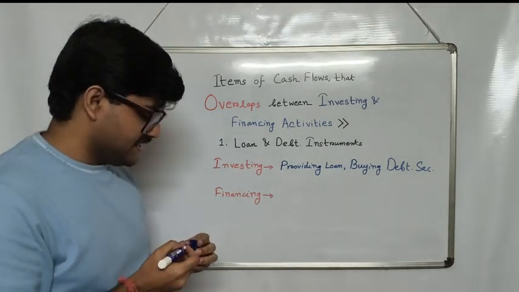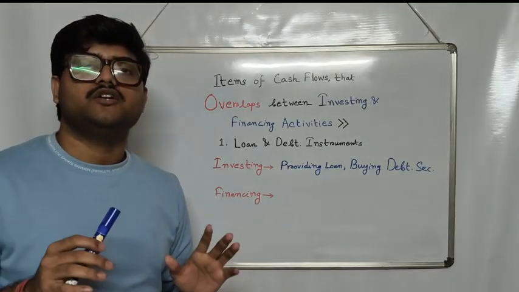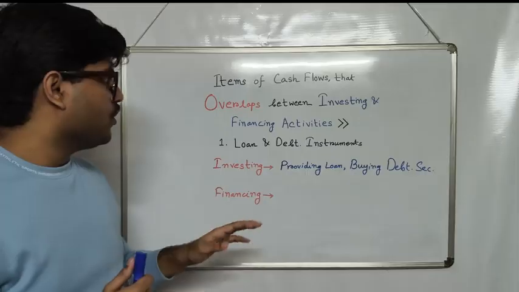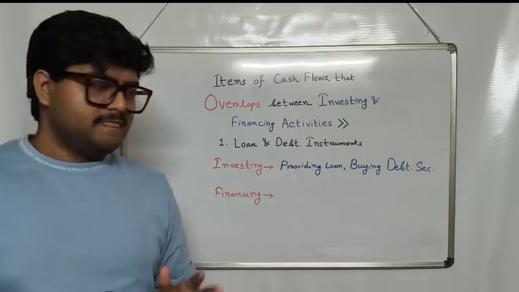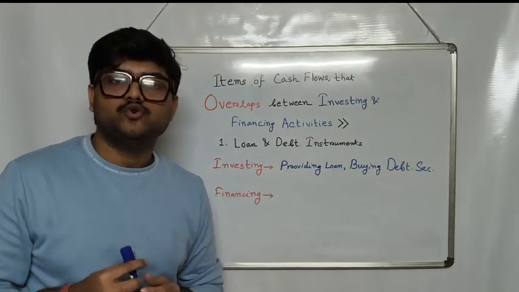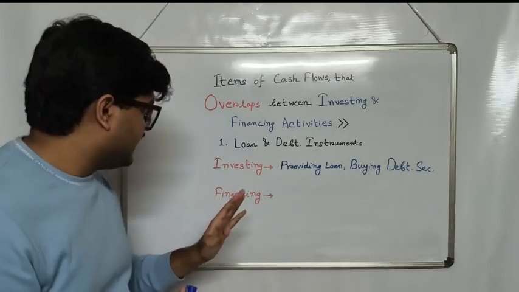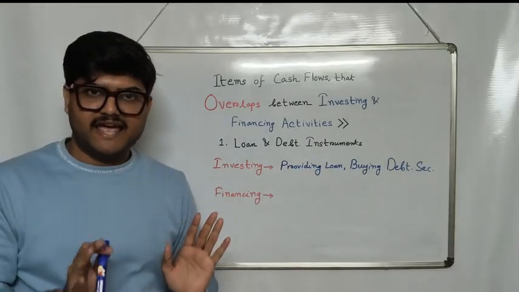Now say we have taken loan for formation of the capital of our own business, or we have issued debt instruments. These are the things that we are doing to raise capital of our own business. Then those will be considered as financing activity.